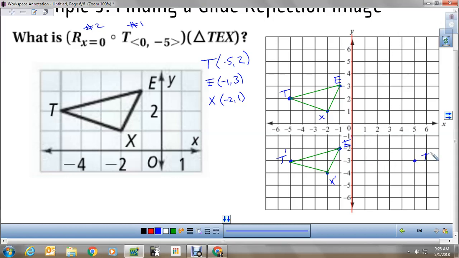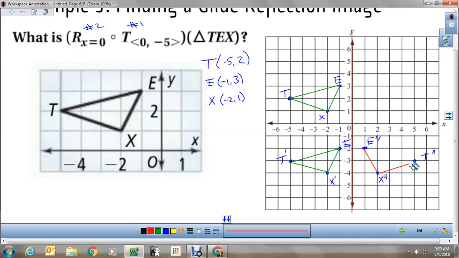That is our T double prime. E is 1 unit away, so we move it 1 unit over here, which is E double prime. X is 2 units away, so it's 2 units over here. That would be X double prime. Then we draw our resulting figure here.